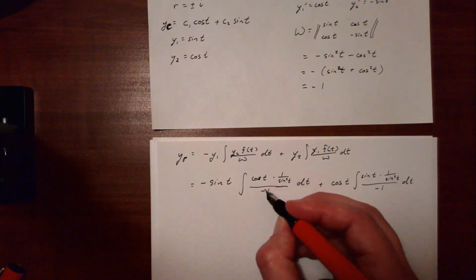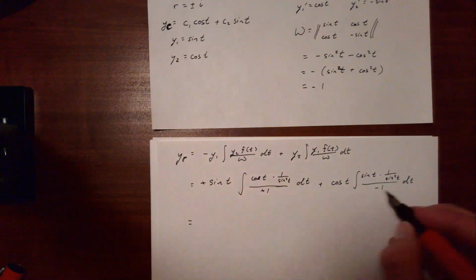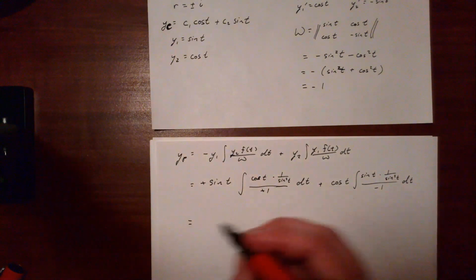Alright, so now let's think about this. Those negatives are going to cancel each other, and as for the other, that's just going to come out to the front of that one.